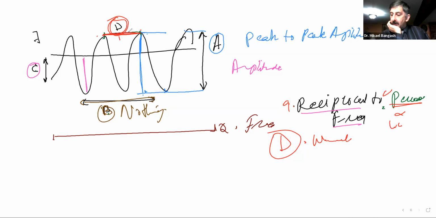Now, which of the lines above is most likely to be determined by the source and the medium?